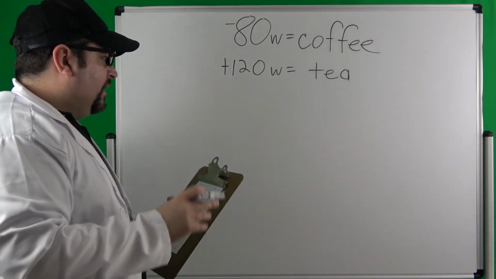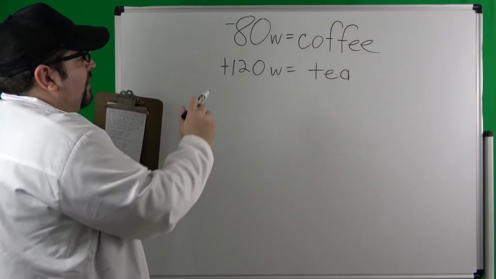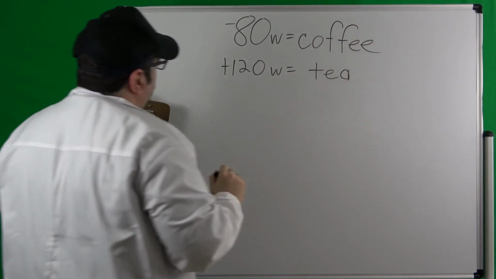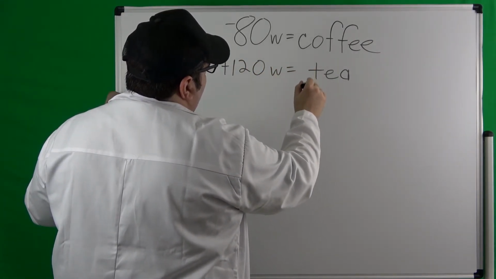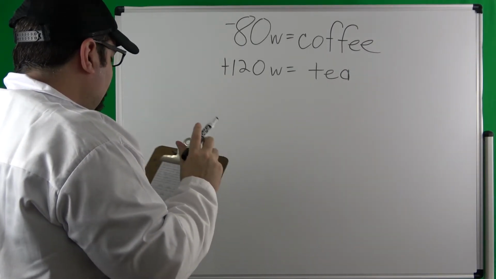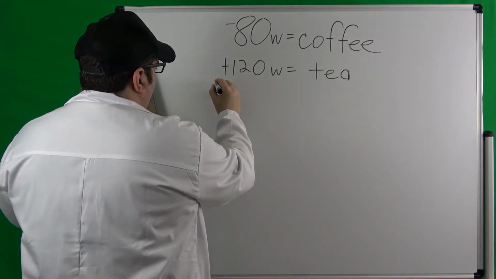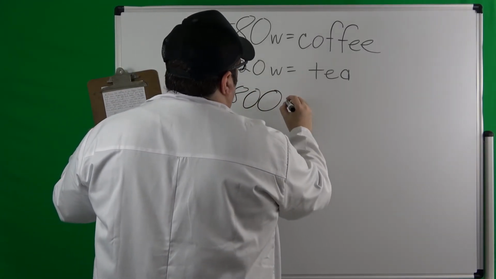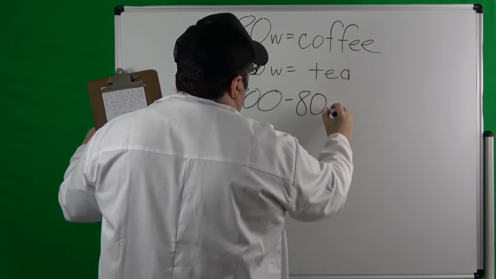So, okay. W is the number of weeks. So I represented negative 80W. That's how much the coffee orders are going down. And positive 120W equals the rise of the tea orders. So, okay, it told us 4,800. That's what the coffee orders are at. But they're losing 80 a week.